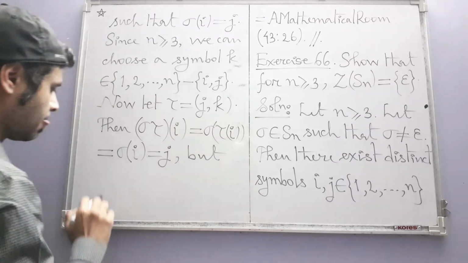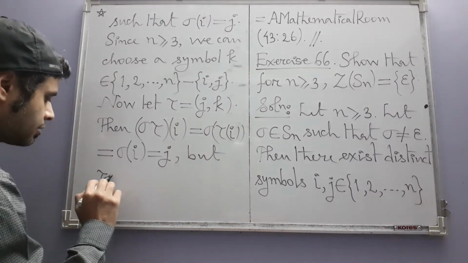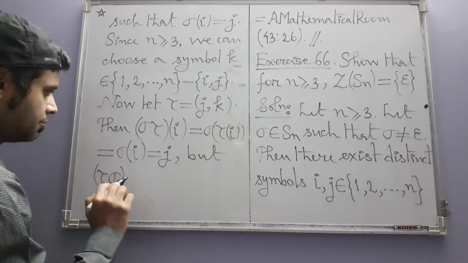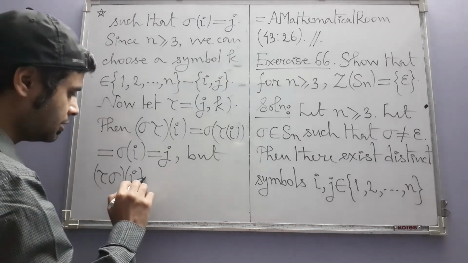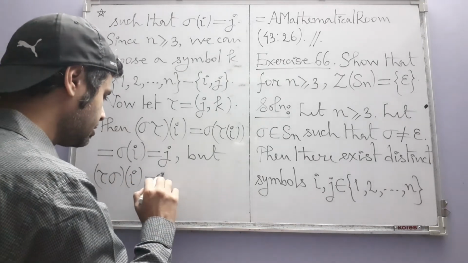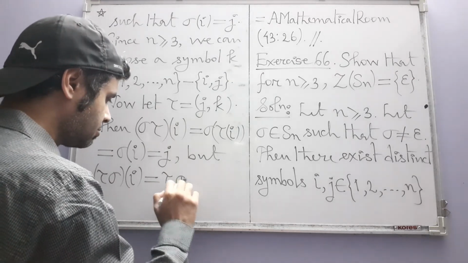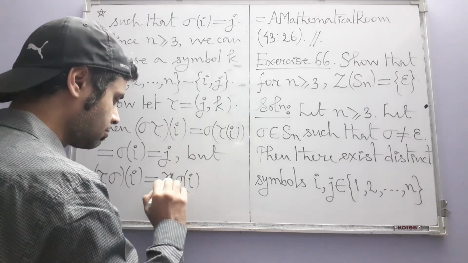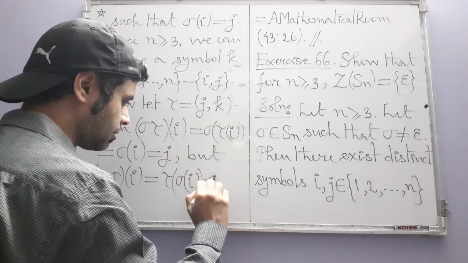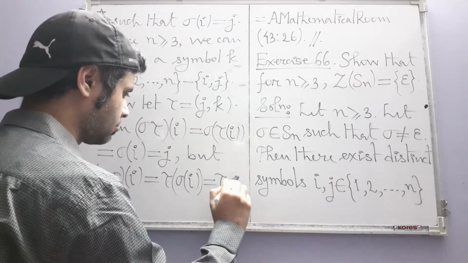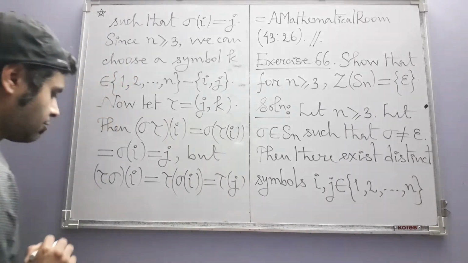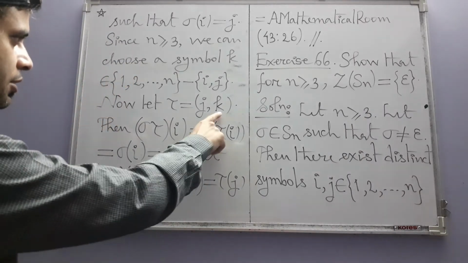But if we on the other hand calculate tau composition sigma at the input i, what do we then get? We then get tau of sigma of i, and sigma of i is j, and tau of j is what? Tau of j is k.